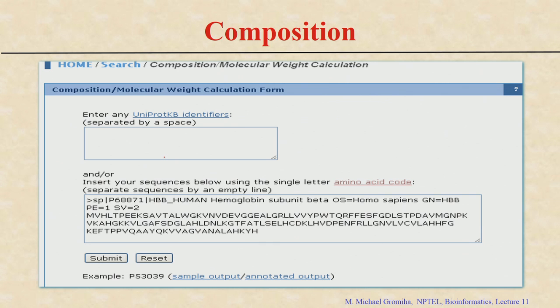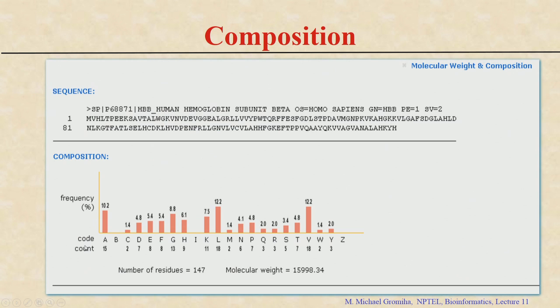Either you give the UniProt identifier or you can give your sequence. So you insert your amino acid sequence in the single letter code. Then if you click on submit, you will get the sequence, this is your input.